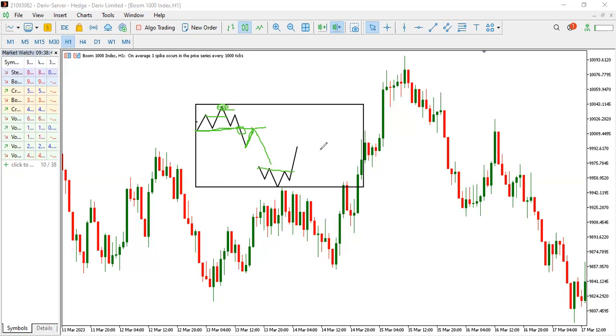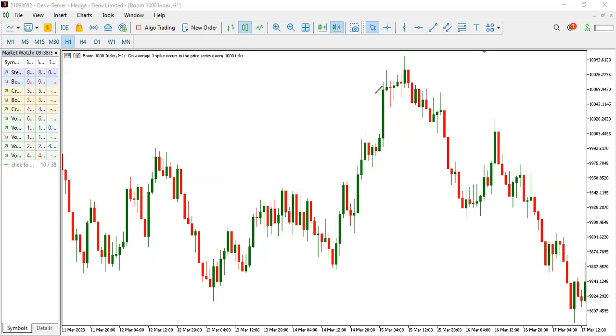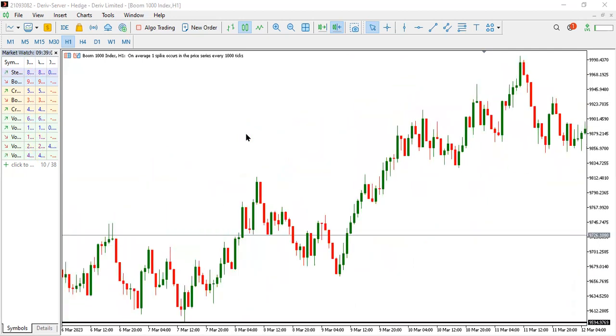But now the challenge that we have is finding a head and shoulders in the market. So let's go and hunt for one. How often do you get a head and shoulders in the market?